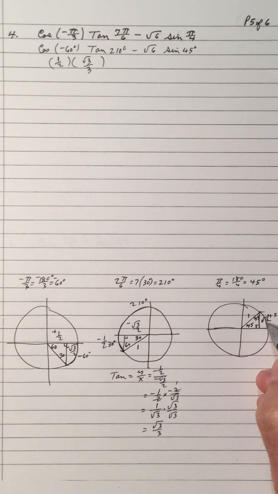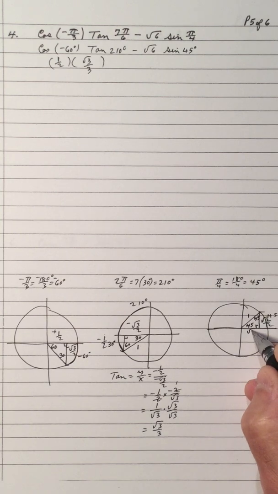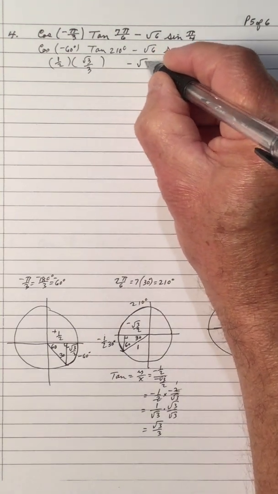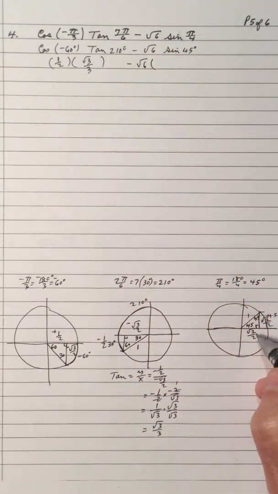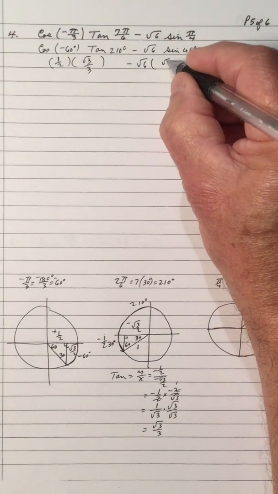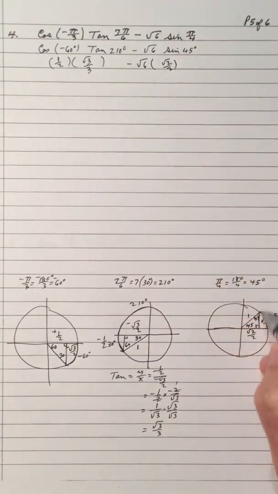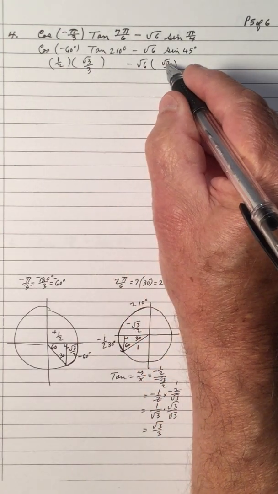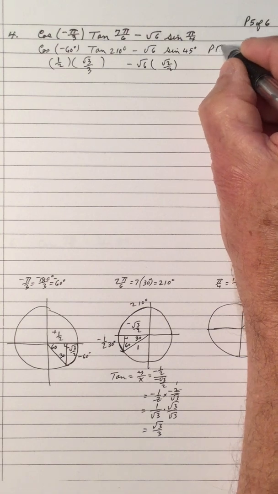This leg is root 2 over 2, and this is root 2 over 2. This is the x, and this is the y. So the sine of 45 is the y, root 2 over 2. Now we simplify. We use PEMDAS. We have to multiply these two first.